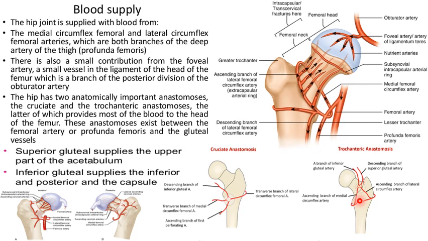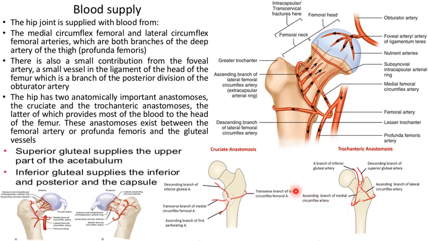And the trochanteric anastomosis is between the descending branch of the superior gluteal artery, ascending branch of the lateral and medial circumflex femoral arteries, and a branch from inferior gluteal artery.